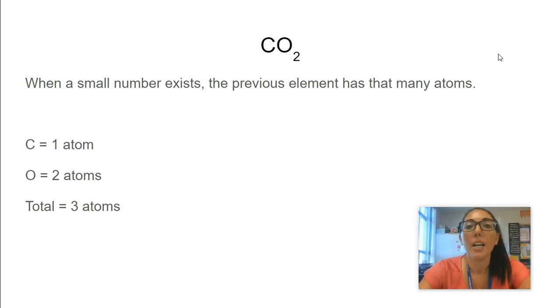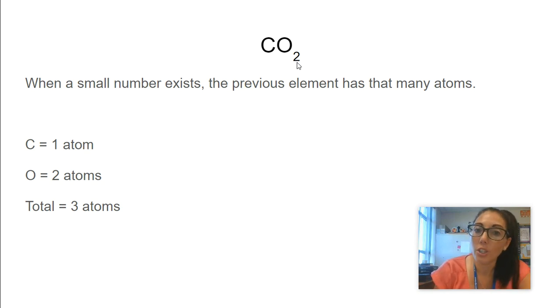So if I have some little numbers, you're going to see some little numbers. You might have seen them the other day when you did an activity. We didn't really talk about them, but now we're going to talk about them. So these little numbers mean how many atoms that element has. So in CO2, there's no number after the carbon, so that means there's one atom of carbon.